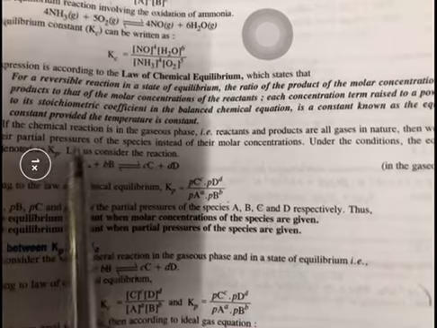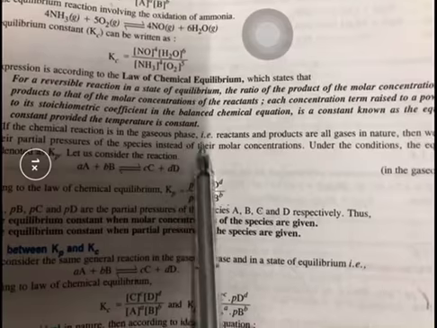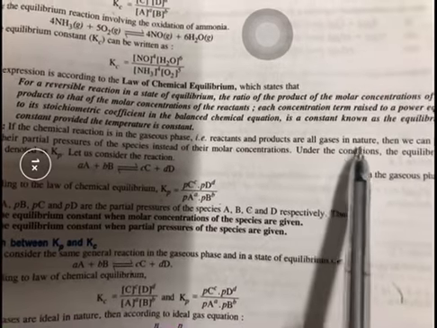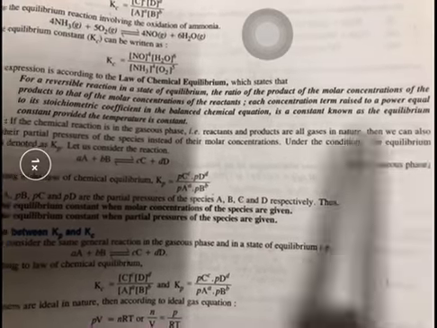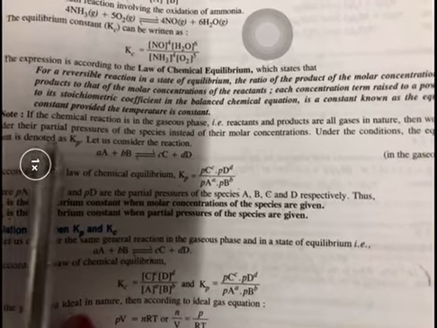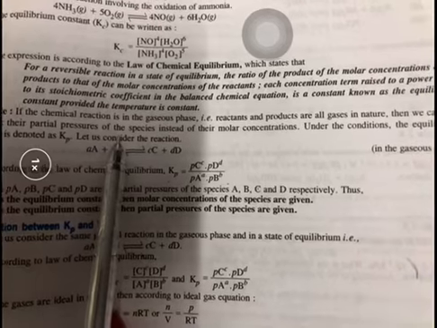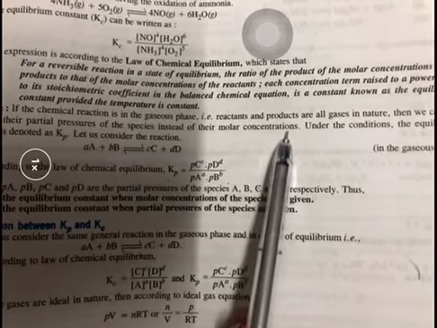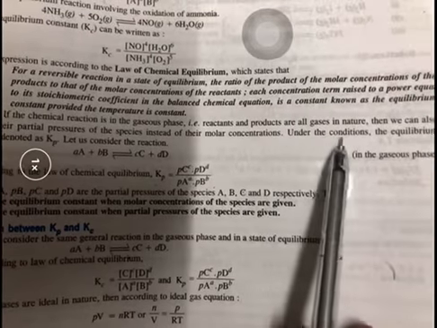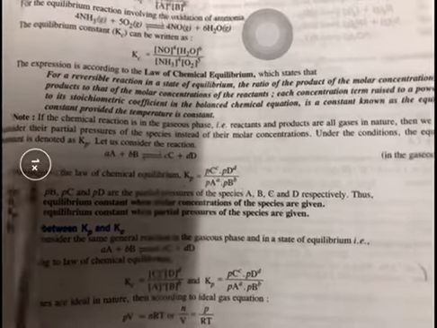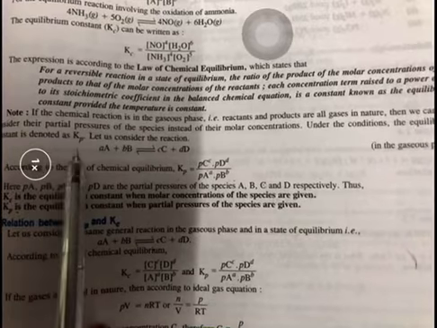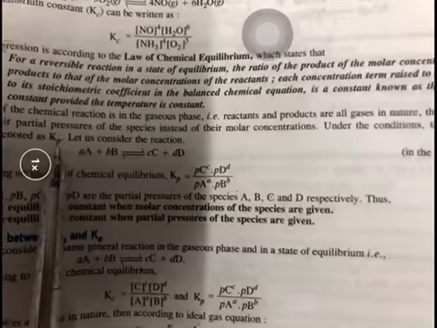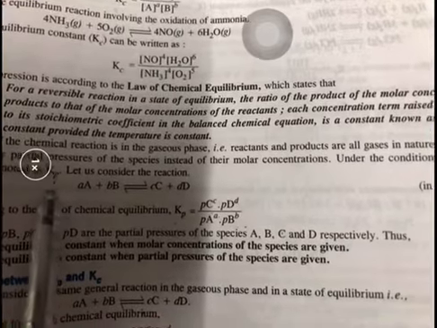Note, if the chemical reaction is in the gaseous phase, that is, the reactants and products are all gases in nature, then we can also consider their partial pressures instead of their molar concentrations. Under these conditions, the equilibrium constant is denoted as Kp. Kp represents the equilibrium constant when partial pressures of the species are given.